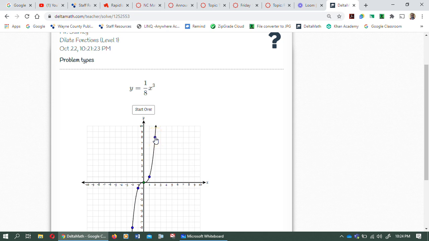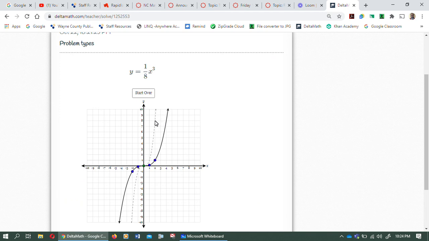So if we click and drag this point using that scale factor of 1/8, it changes the y value from 8. Multiplying that 8 times 1/8, we get the new y value. It should be 1. So I'm going to start shrinking this on down. The new y value here should be 1, right? Boom.